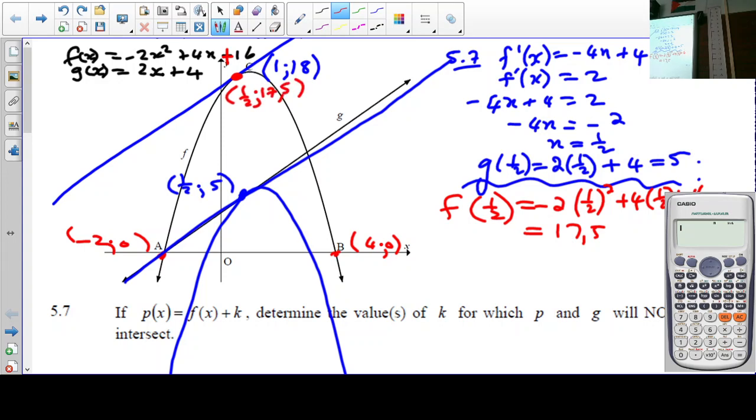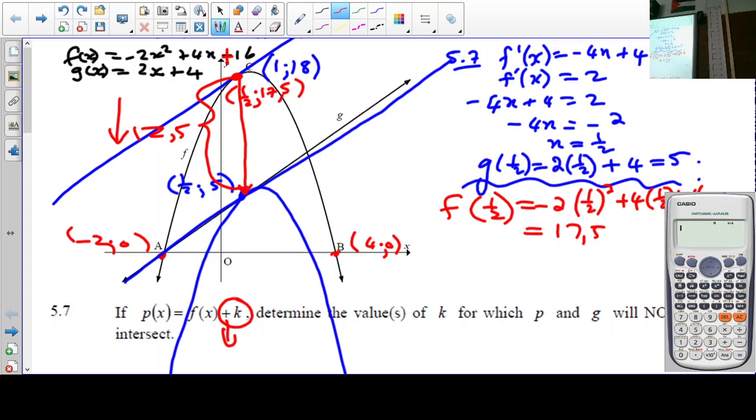But remember, this graph has to move down. So how many units do I move down from 17.5 to 5? So this graph is actually moving down by 12.5. So it's moving in the, what's the name direction? The graph moving down.